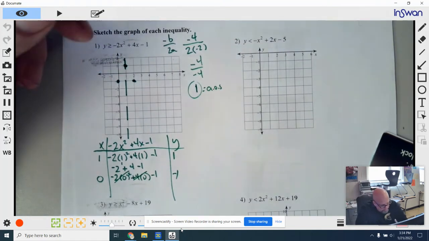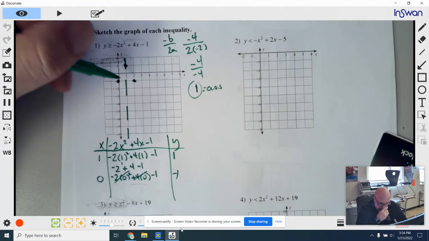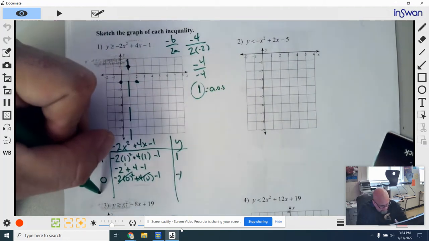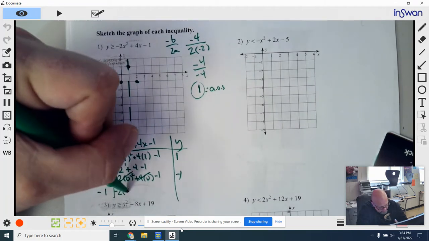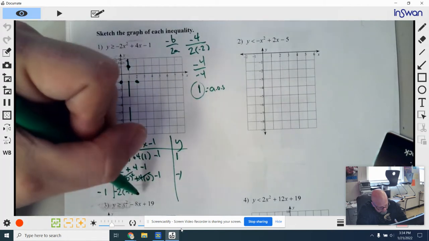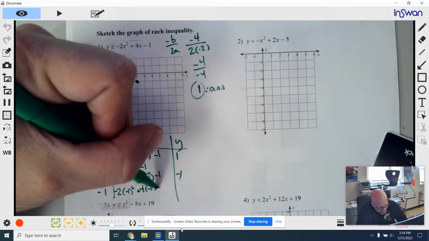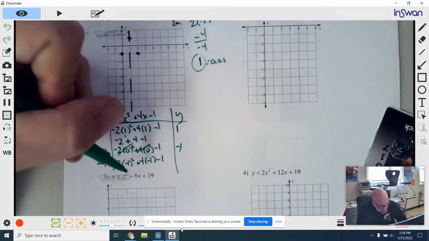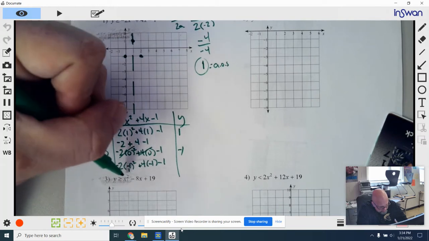All right, we need to pick one more point to plug in. In this case, you can do negative 1, you can do 3. It's up to you. I'm going to try negative 1. So negative 2 times negative 1 squared plus 4 times negative 1 minus 1. Okay, so negative 1 squared, well, that's 1 times negative 2.